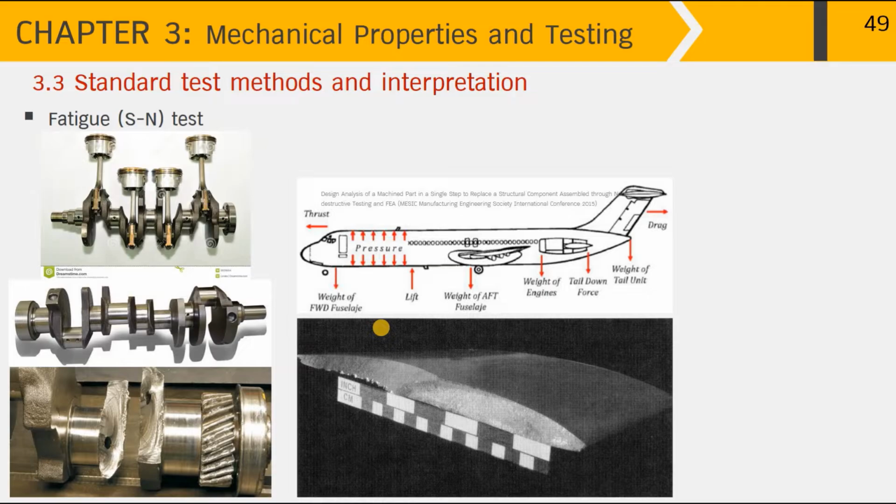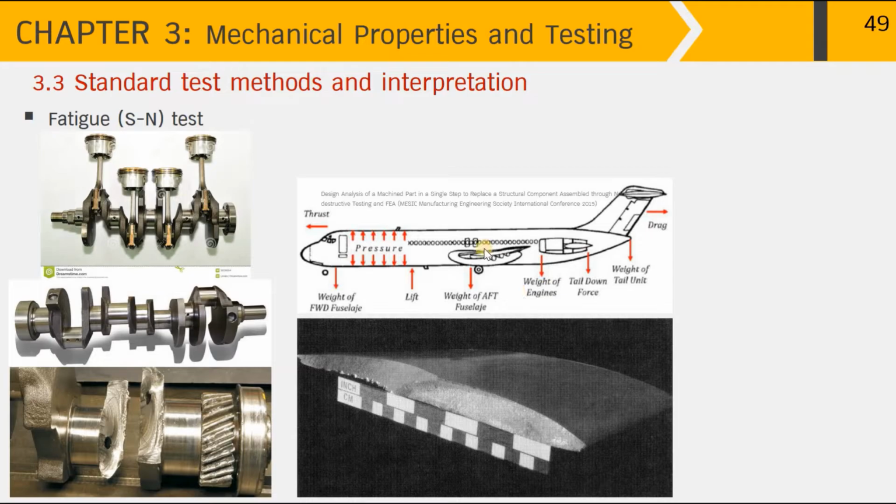Another example of fatigue failure that you can see is in the aerospace area. The aircraft is subject to many types of loadings. For example, the fuselage will be subject to pressurization and depressurization when taking off up to a high level and then coming down to the ground stage.